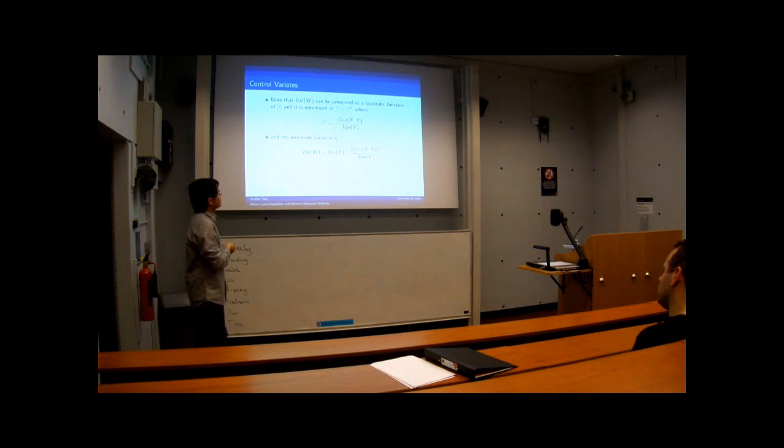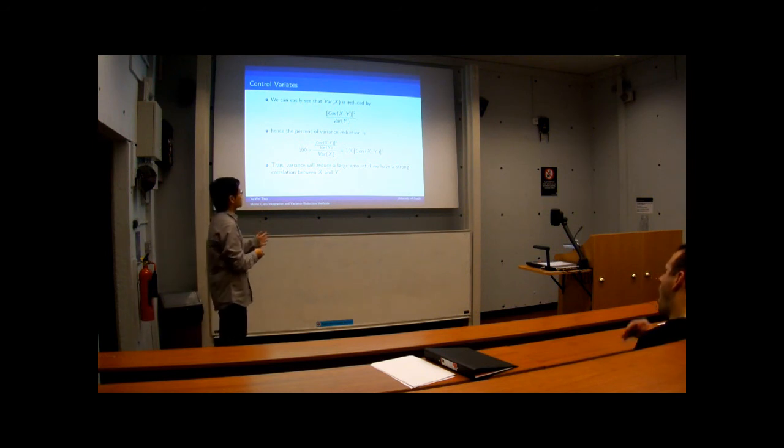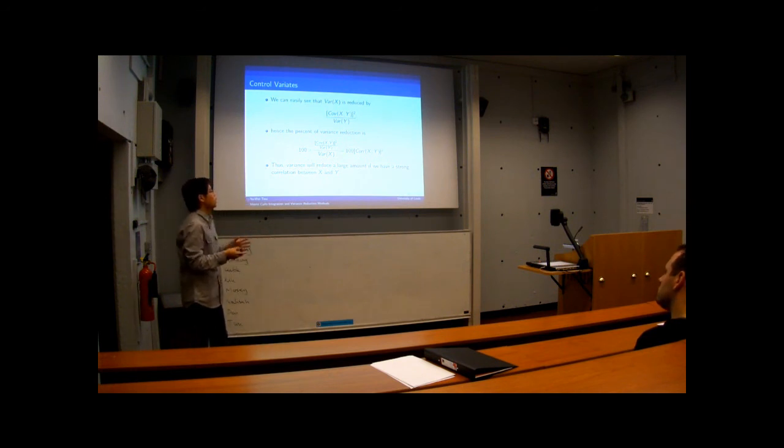So we can see that the variance of the new variable W is reduced by this amount. If we divide this value by the original variance of X and multiply by 100%, we got the percent of variance reduction.